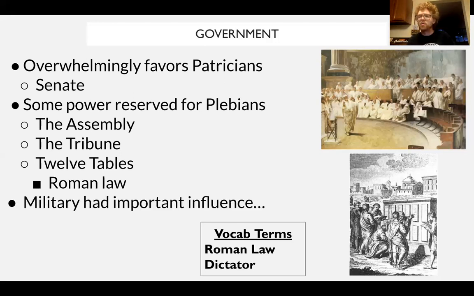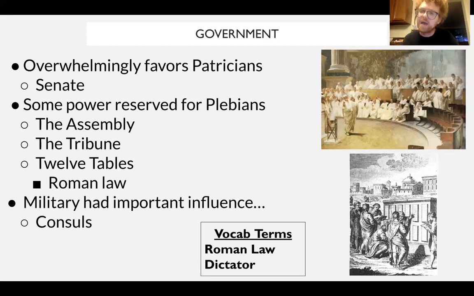However, something that is important about the Roman Republic, and ultimately will be its downfall, spoiler alert, is that the military has a lot of influence politically in Roman society. There is an attempt to control the military through an official known as the consul. There are two consuls, they're voted on by the Senate, and they lead a 2-year term essentially.